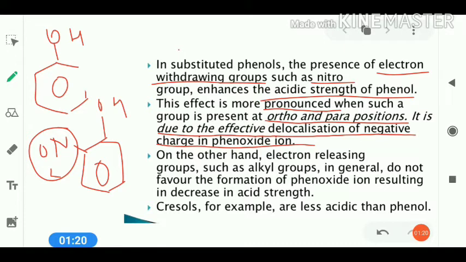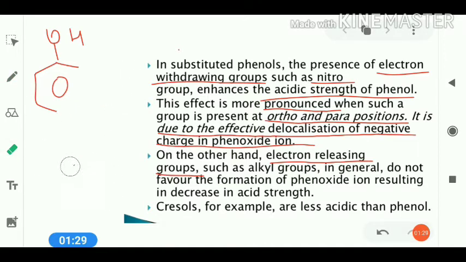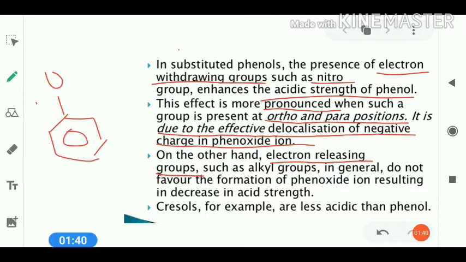So this electron withdrawing group increases the delocalization of negative charge. But on the other hand, electron releasing groups. Now what are the electron releasing groups? Like alkyl groups. Any alkyl group present over the phenol. For example, cresol: this is ortho-cresol. If CH3 is at meta position, meta-cresol.